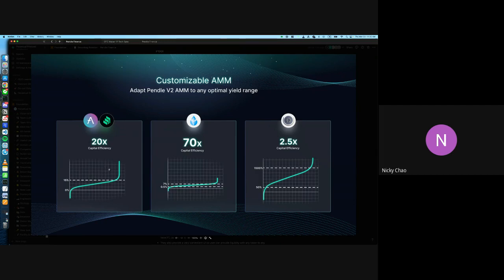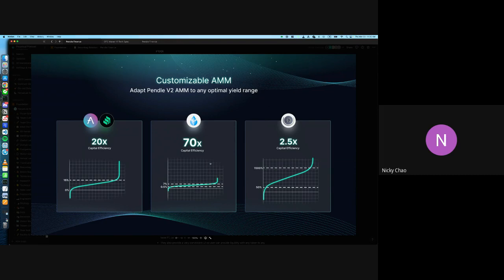So the APY will map to a reasonable price range of PT and YT, because the price of PT and YT can be used to calculate the APY, right? So there's a relationship between APY and the price of PT and YT. That means they can predict the reasonable price range of this AMM, because there's a reasonable range of the APY.